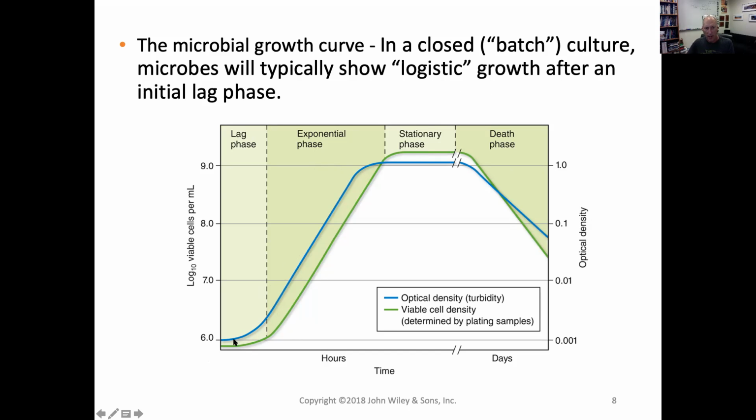But if you plot it on a logarithmic scale, this exponential growth now looks like a straight line, okay? So our microbial growth curve is going to be a semi-log plot, meaning one of the axes is a log axis, that's the y-axis. The other axis is a linear axis.